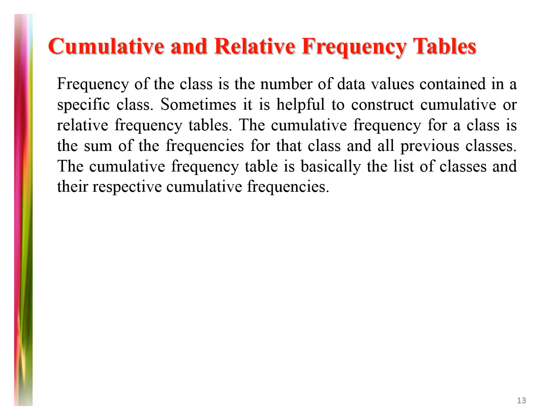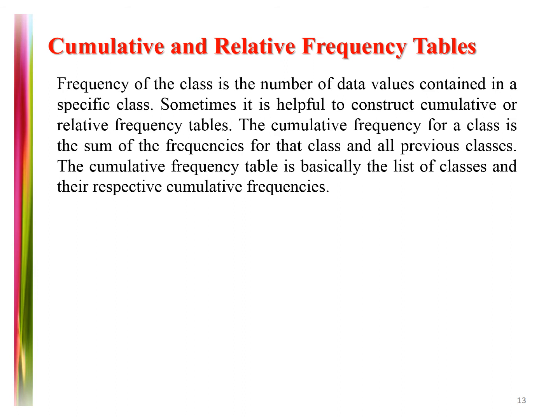Next, the cumulative and relative frequency table. This may be useful in some situations. The frequency of a class is the number of data values in a specific class. Sometimes it is helpful to construct a cumulative or relative frequency table. The cumulative frequency for a class is the sum of the frequencies for that class and all previous classes.